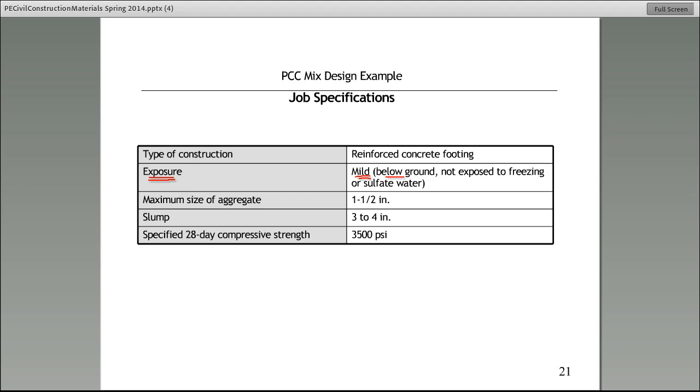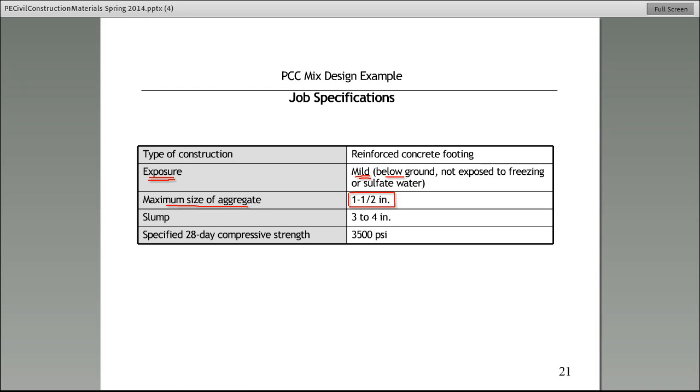Then you also need to know the maximum size of aggregate. In this case, they say 1.5 inch. In the U.S., it's customary that we use what is available locally to minimize the cost of hauling or transporting the aggregate.